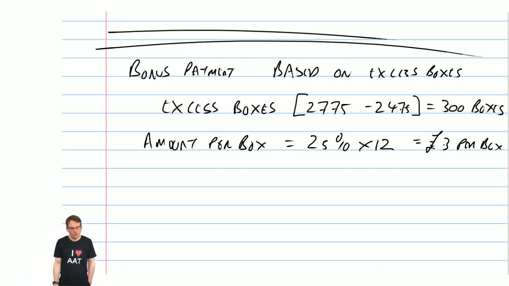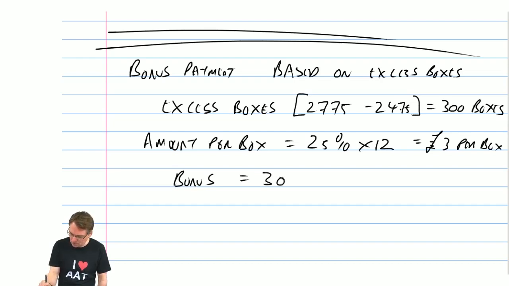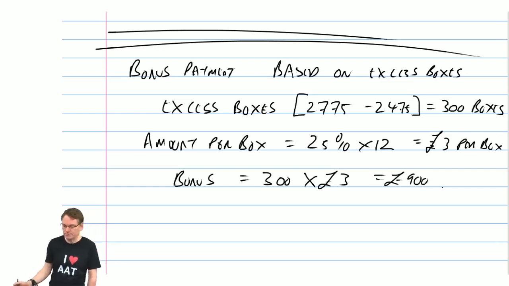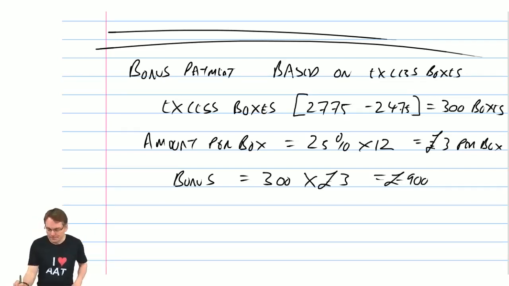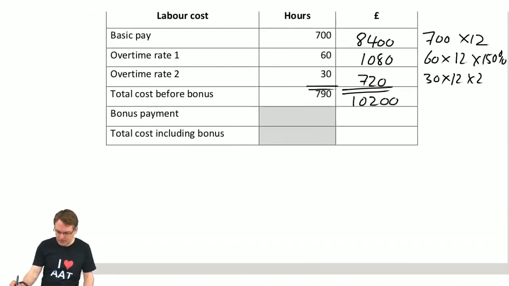Again, I hope nice and straightforward. So put that together, that means the bonus payment will be 300 boxes times £3 per box, 900. Let me just put that number in first, so that's 900. That gives us the total cost, including the bonus, simply 10,200 plus 900, which comes to 11,100.